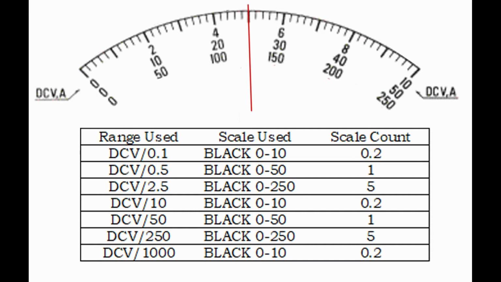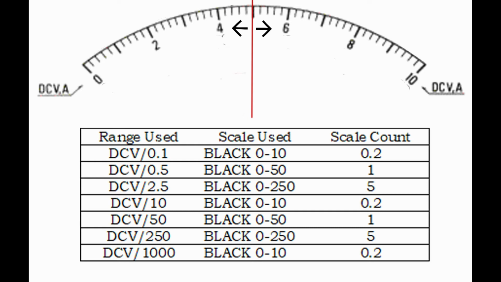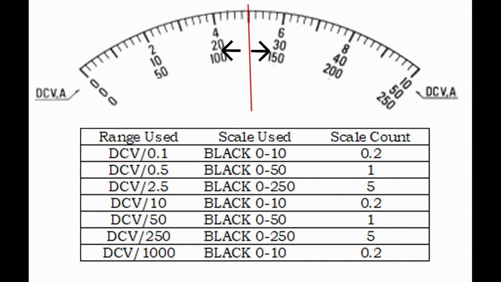Scale count means each line of the scale has a value. For example, in black, the scale 0 to 10, each line is 0.2. Our pointer deflects in between 4 and 6. We will not read the scales 20 and 30 or 100 and 150 if we are using the scale of 0 to 10.